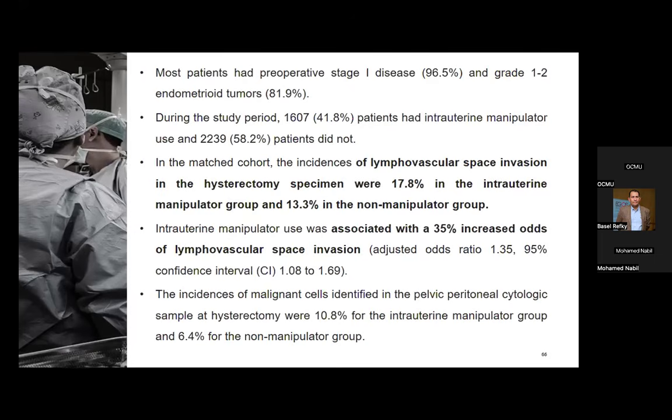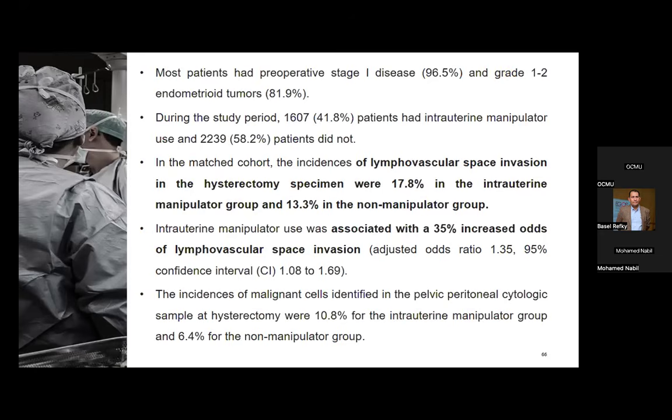What did they find? They found that the incidence of lymphovascular space invasion in hysterectomy specimens was 17.8% when they used the manipulator and 13.3% in the non-manipulator group. The intrauterine manipulator use was associated with 35% increased odds of lymphovascular space invasion.